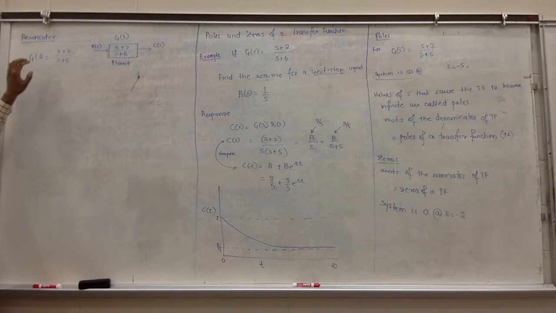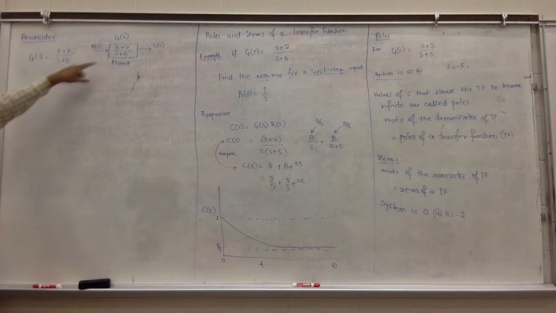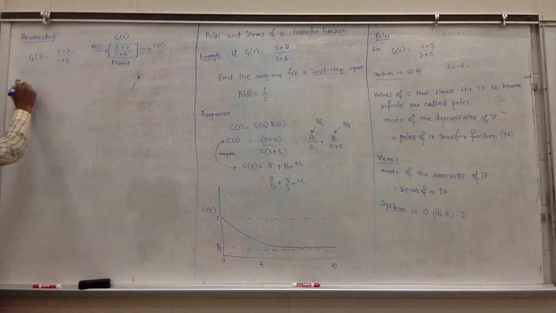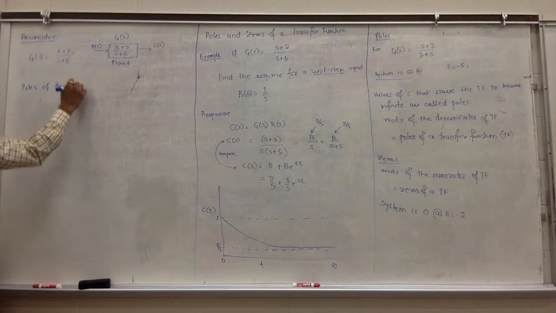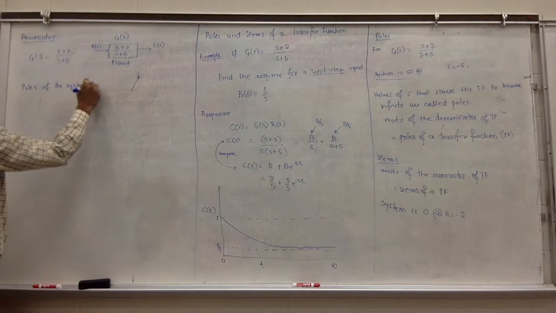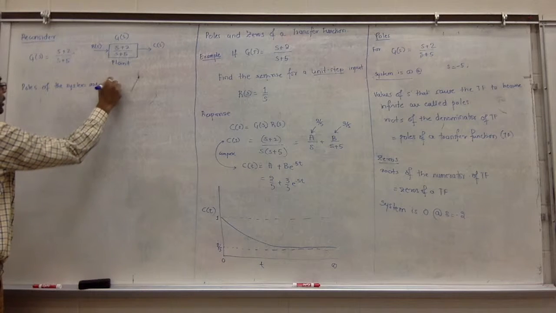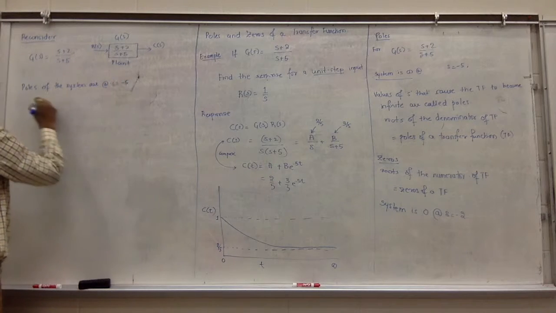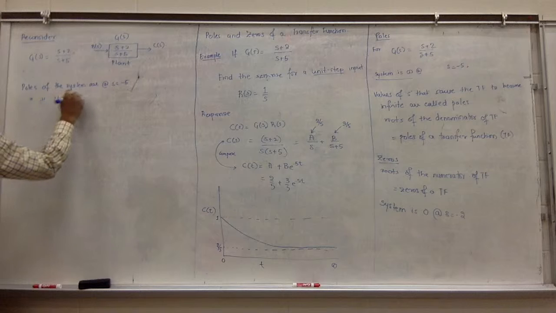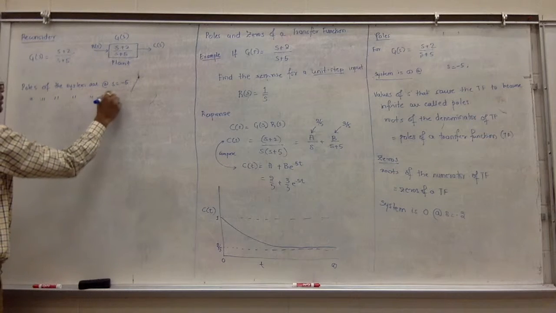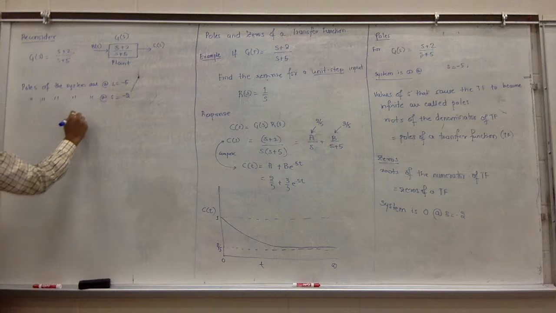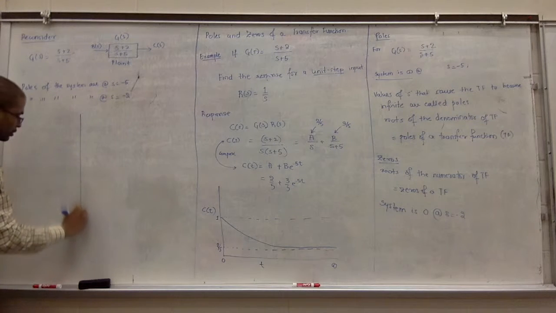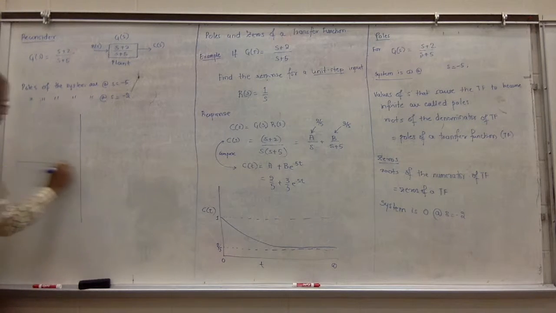Now, if you look at what are the poles of the system? Poles of the system are at s equal to negative 5, and the zero of the system is at s equal to negative 2. So what you do is, you should know how to plot this.